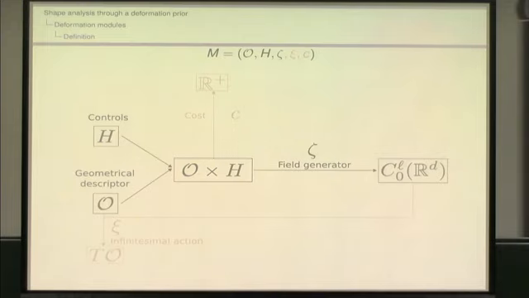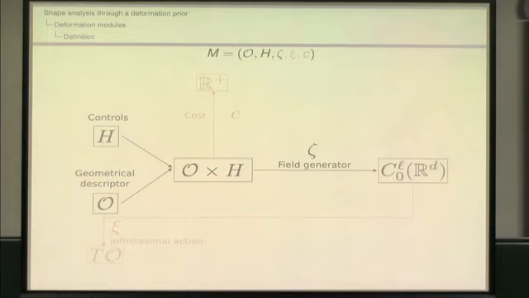So the field generator takes in input one geometrical descriptor, one control, and gives the vector field parameterized by this geometrical descriptor and this control. So by choosing the field generator, we will choose the vector fields that we will allow in our deformation model.